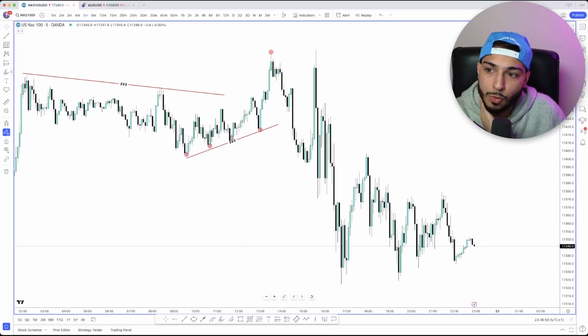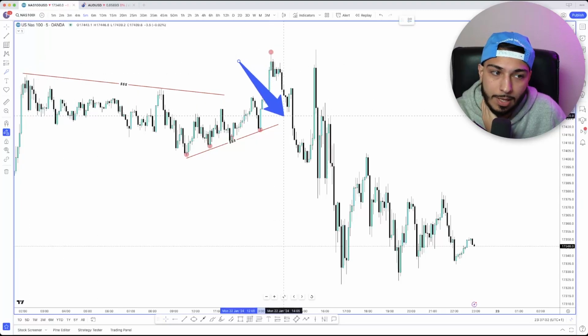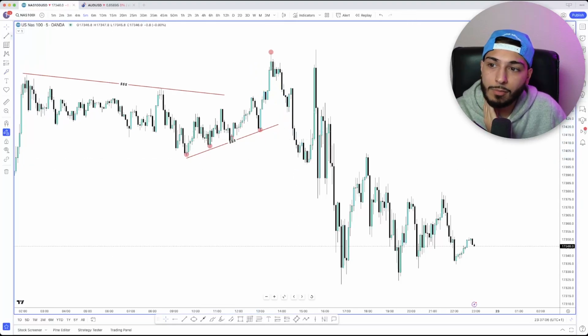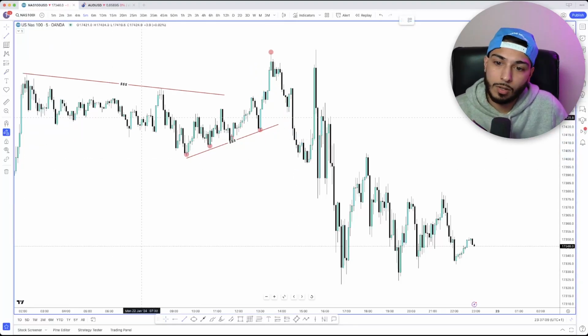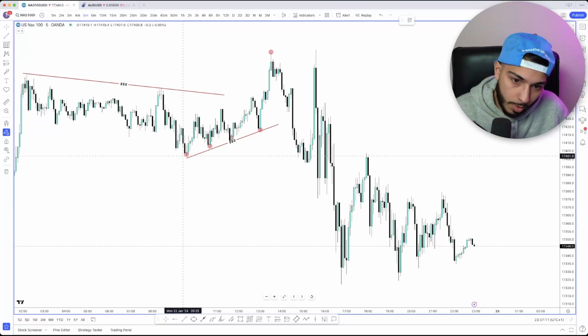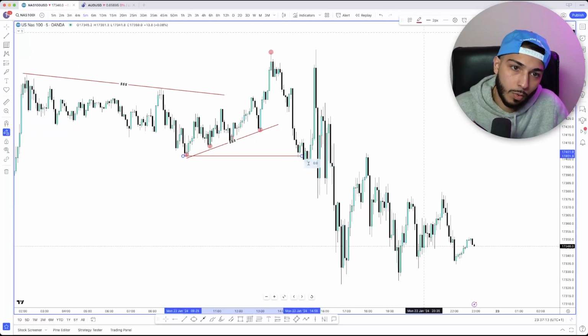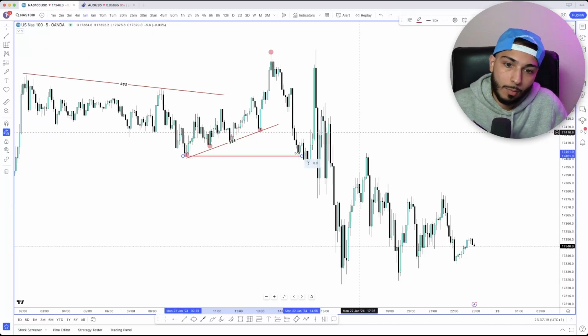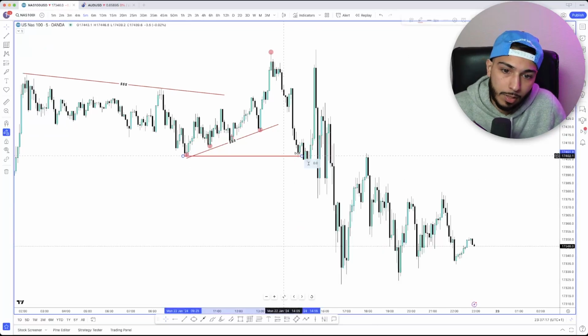Right after that move happened, where we put in this new highest high, pretty much immediately after the fact, we come down and we break structure, right? We have bearish breaks of structure. So we break past all these points in structure. And now what we have to assume is that price is bearish.